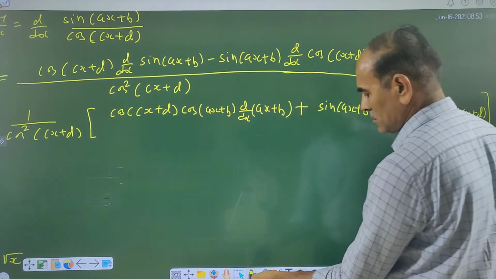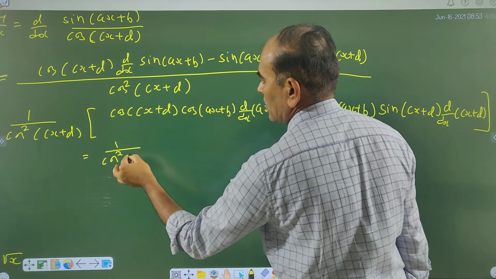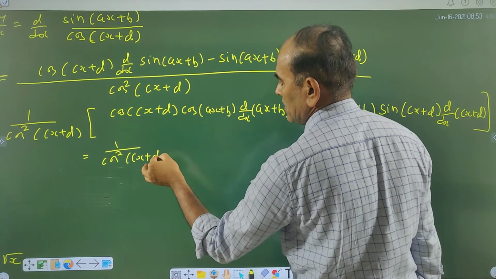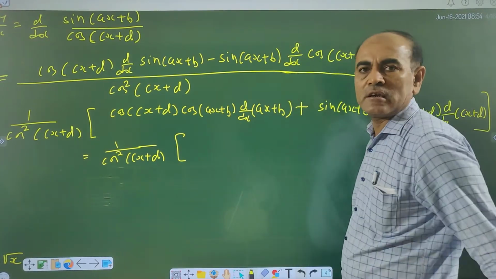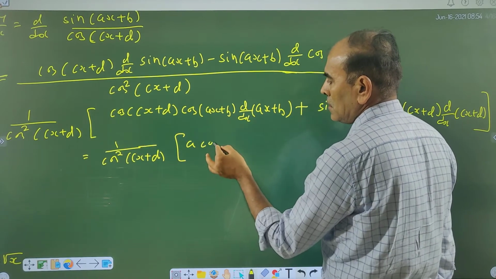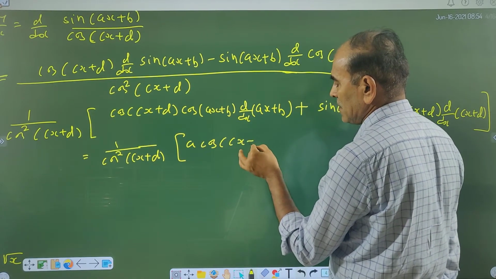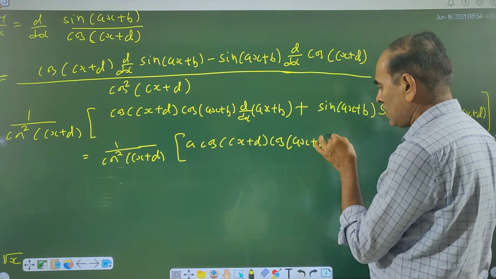Now that is equal to 1 upon cos square(cx + d). What is the derivative of ax + b? It is a linear form, so a. So write first, last derivative first: a cos(cx + d) cos(ax + b).